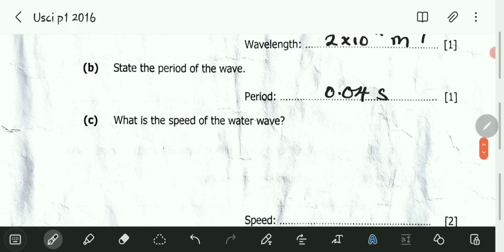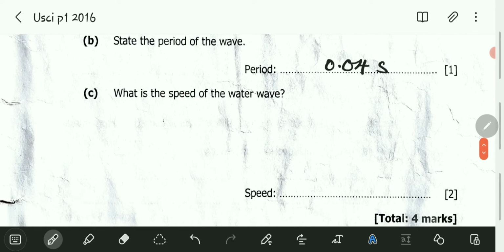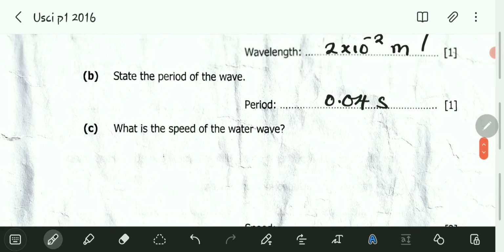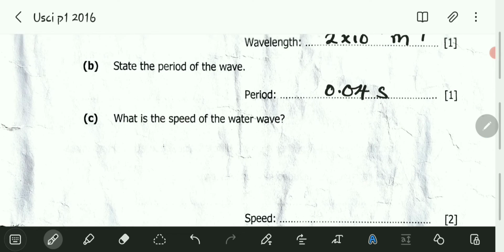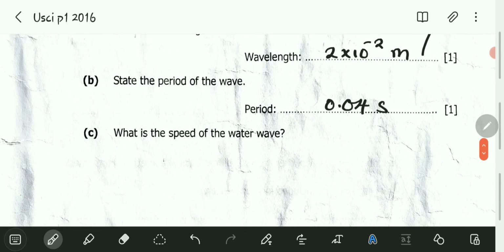All right. So we proceed to C. C is saying, what is the speed of the wave? The wave is moving at a constant speed and it's not accelerating.